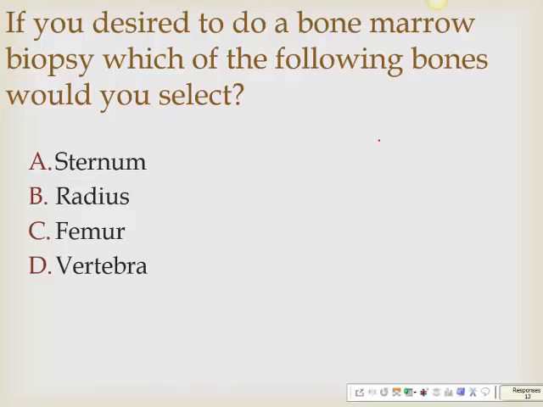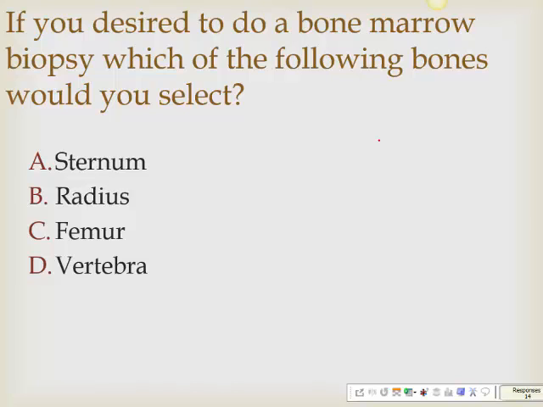And you do a bone marrow biopsy, obviously, when would you want to do one? What are you looking for when you're doing a bone marrow biopsy? Cancer, yeah, but what are you looking for?